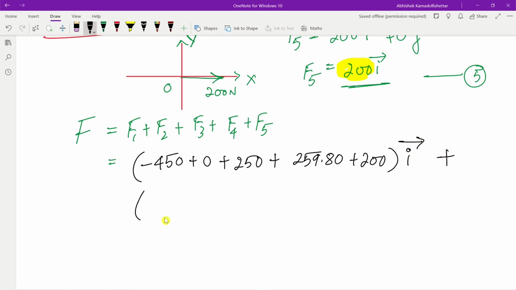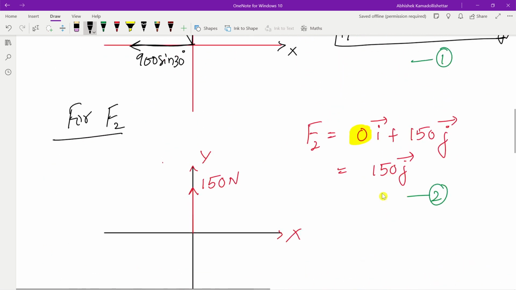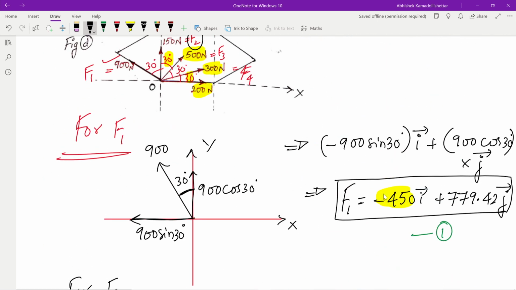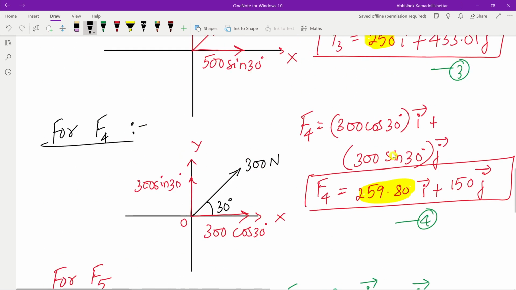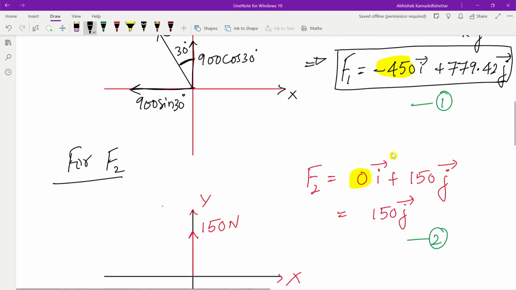Now similarly for vector j: 779.42 plus 779.42.